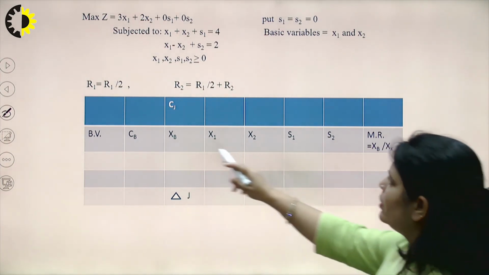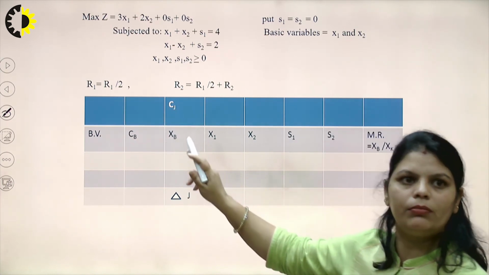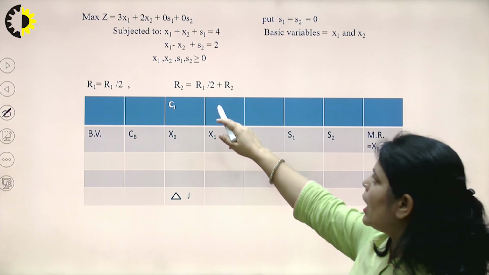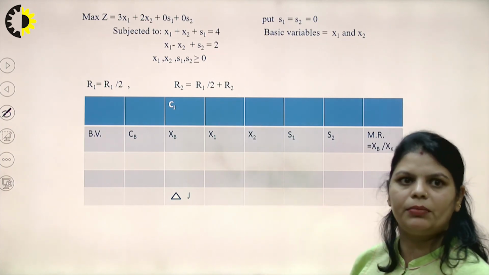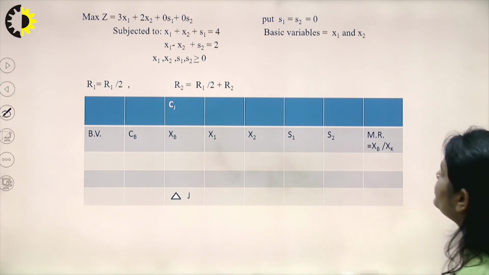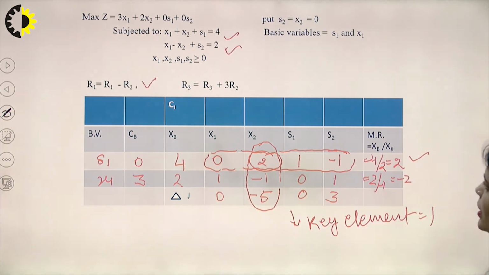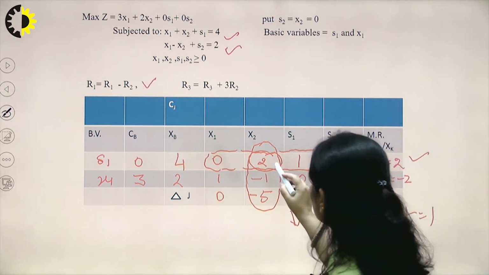Now we will again implement the row operation. R1 will become R1 divided by 2 and R2 will become R1 divided by 2 plus R2. So first of all we will fill this table. In the last slide, this was our key element.